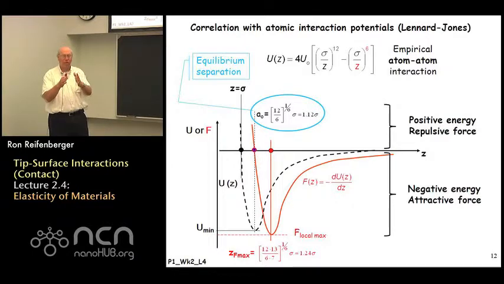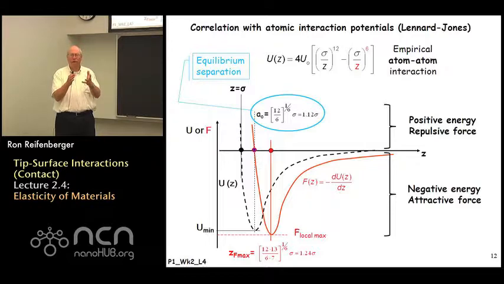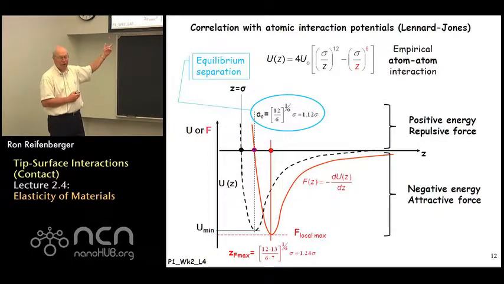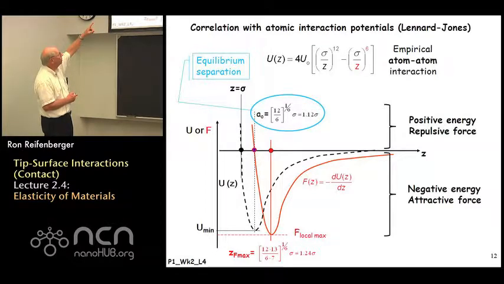The equilibrium separation between atoms in the solid is going to occur when there's no net force acting on the atoms, and the resulting separation between atoms in that case is designated by this lattice constant parameter A0. So it's a pretty simple result that you can predict the parameter A0, which is a measurable quantity, in terms of the theoretical parameter that's used to model the Lennard-Jones potential, that's sigma.